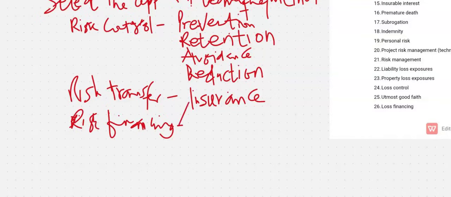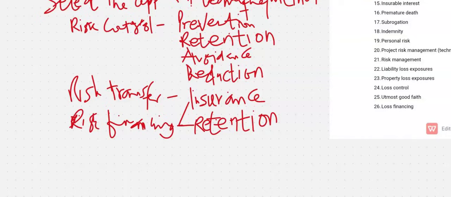We also go with what is called retention. So risk transfer, you can transfer the risk by means of insurance. Risk financing, you can finance the risk by retention. And you also have what is called partial retention. So it's retention and partial retention.